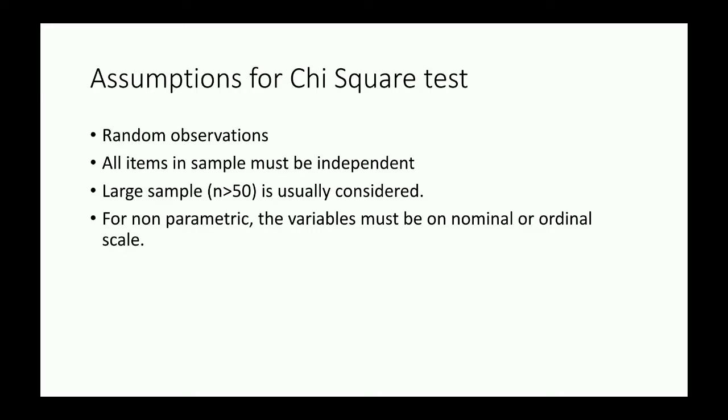Large samples are usually considered when we are doing chi-square, and a small sample chi-square may not produce correct results. So a sample greater than 50 is considered. And when you are considering the non-parametric chi-square test, which is run for independence or association, the variables must be on nominal or ordinal scale.